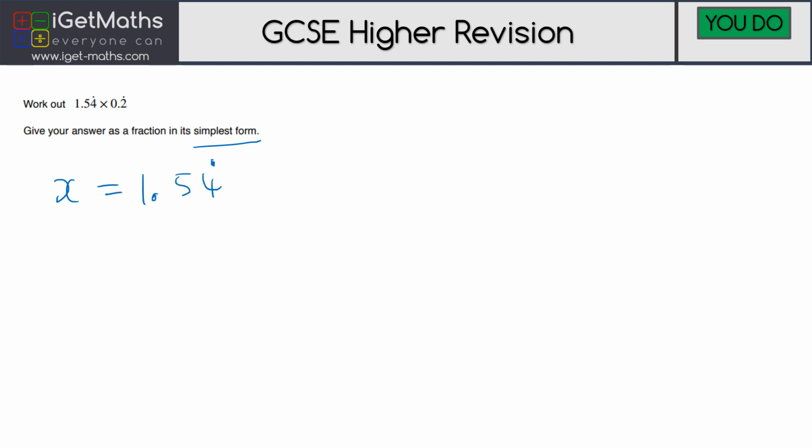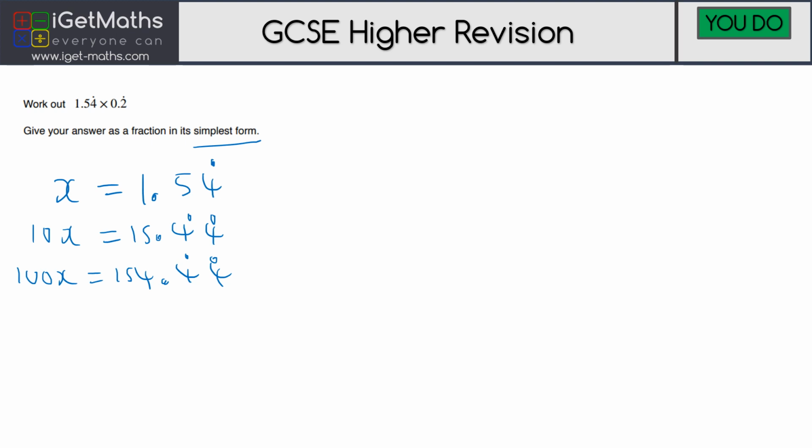We're going to multiply by 10, so 10x will give us 15.4 recurring. And then if we multiply it by 100, that will line it up to give us 154.4 recurring.